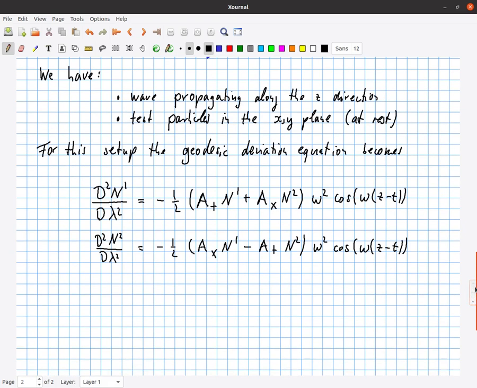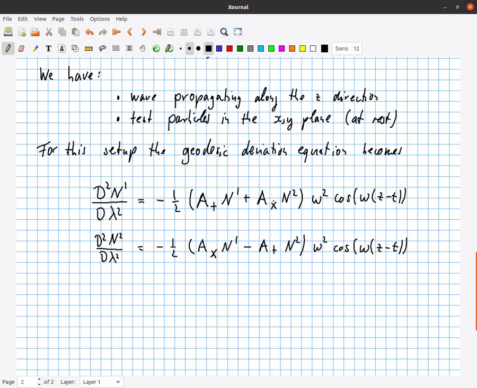And all we now have to do is solve these equations. Because the right-hand sides here are, so n1 and n2 are our unknown quantities, we have two second-order differential equations for those n's. The one that is quite easy to solve, if you set a cross to 0, then the equations decouple.